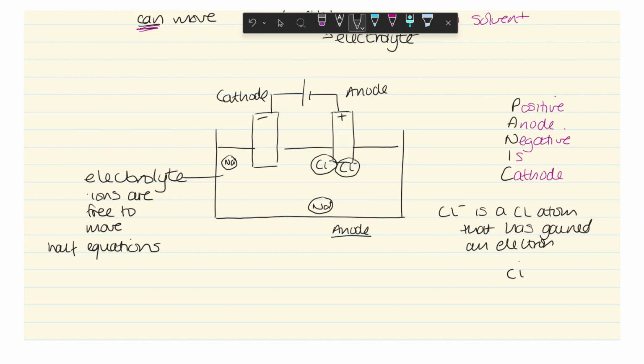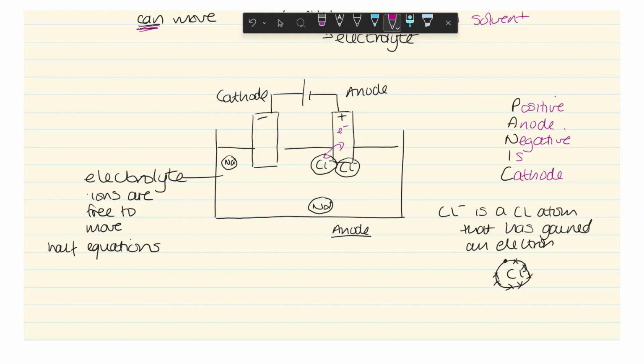So what we've got is Cl with its 7 electrons as an atom, and if we give it another electron, it's now Cl minus. This Cl minus with its extra electron, it doesn't want it, it wants to become an atom, it wants to get rid of that extra electron because its minus goes towards the anode. And when it moves towards the anode, it says to its little electron, I don't want you anymore, see you later. And the electron is transferred to the anode. Chlorine has now become a chlorine atom.